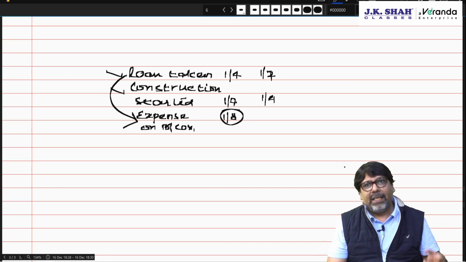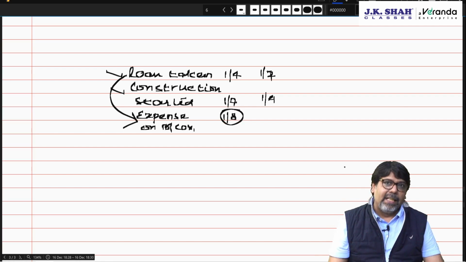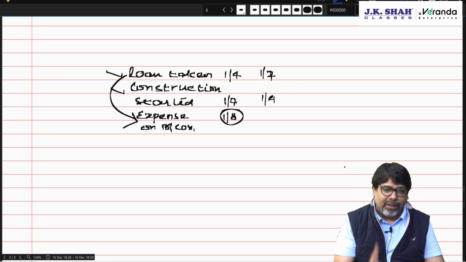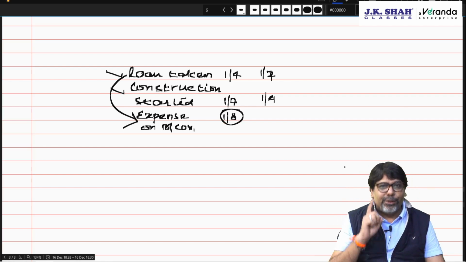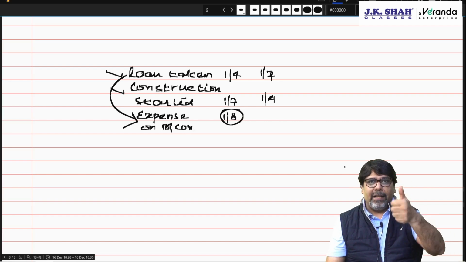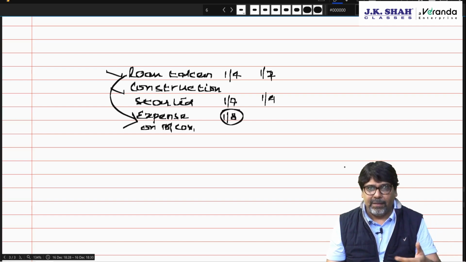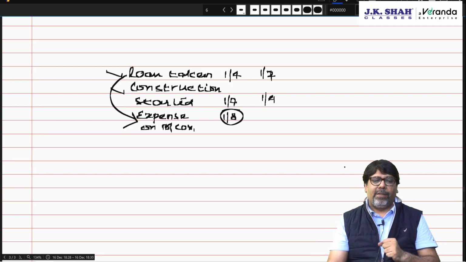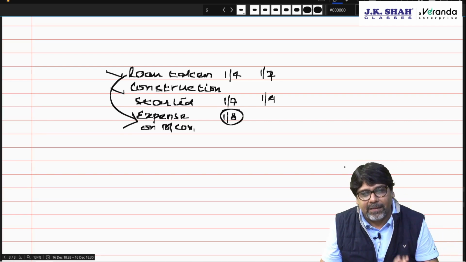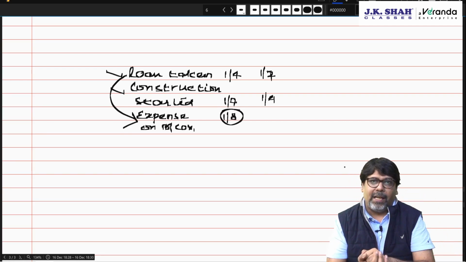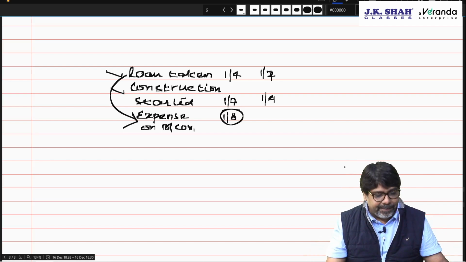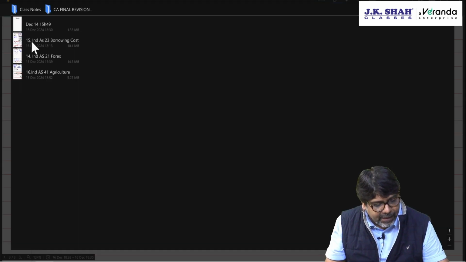That means it is very clearly stated in the statute that borrowing cost commencement should be when the loan is taken, or active development of construction starts, or expenses are incurred on the asset, whichever is later. Correct?